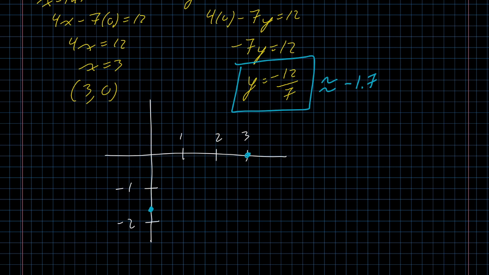I just realized as I'm doing this that I forgot to actually write the y-intercept as a point. So (0, negative 1.7). All right, that gives us something resembling the graph of the line.